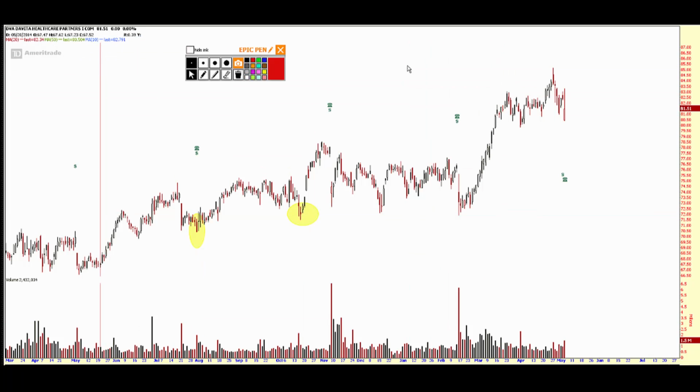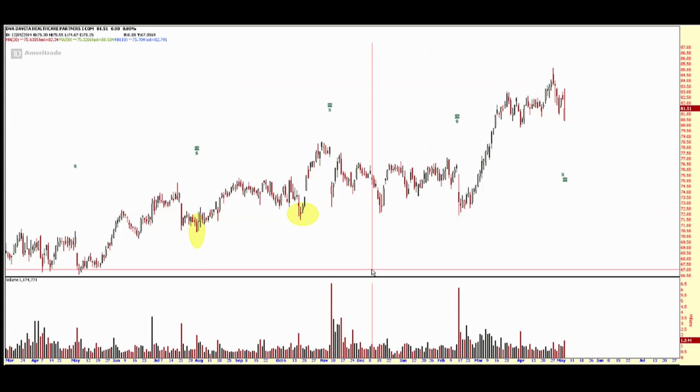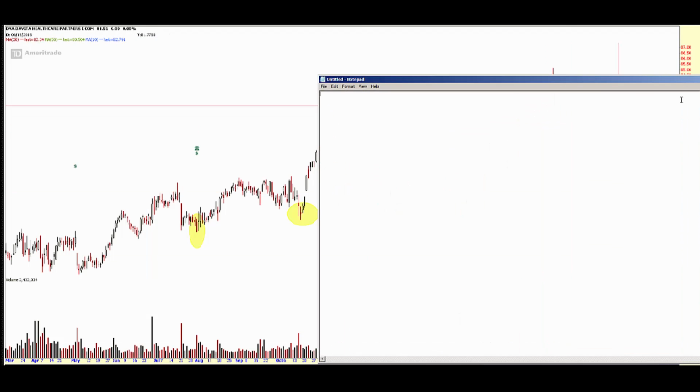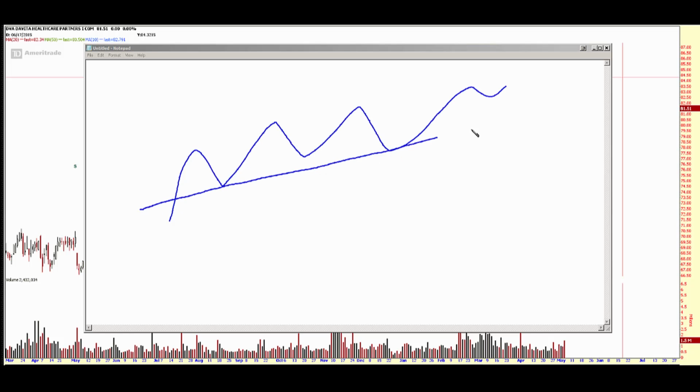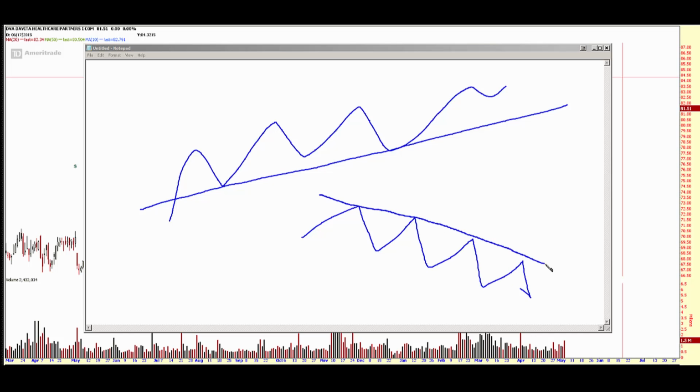Okay, let's do a quick overview of trend lines. Let me pull out my pen over here. Let's say prices move like that, an uptrend line would be drawn this way. A downtrend line would be when prices move down like that, and then you draw a downtrend line this way.